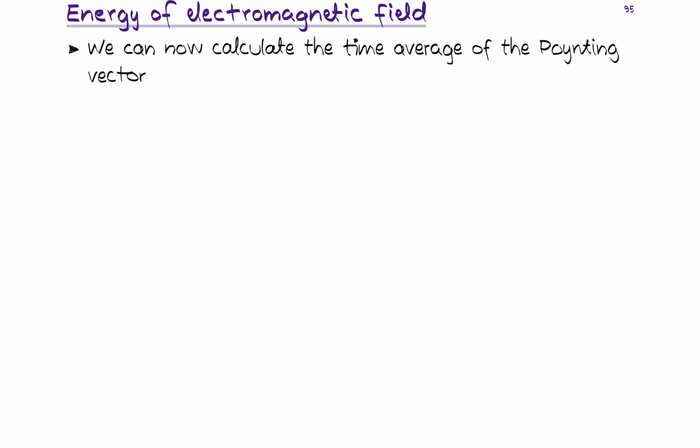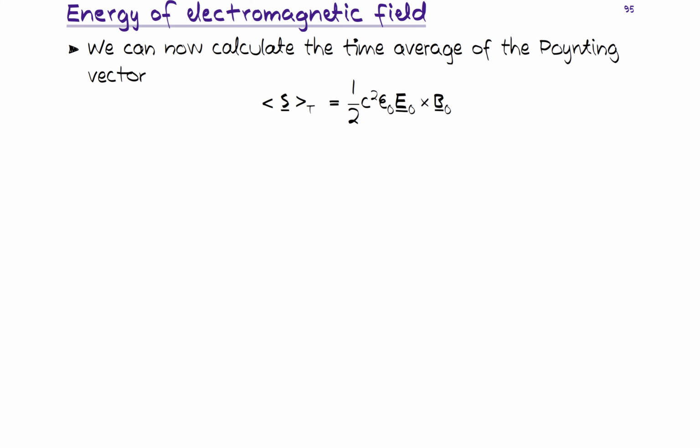And now we know that we can calculate the time average of the Poynting vector, and this is a quantity that our photodetector would be measuring, or at least it would be measuring something that is proportional to this. We know that if we take the time average of a Poynting vector, then we are getting something like 1 over 2 times c squared times epsilon naught times the E and B fields, magnitudes, and their cross product.